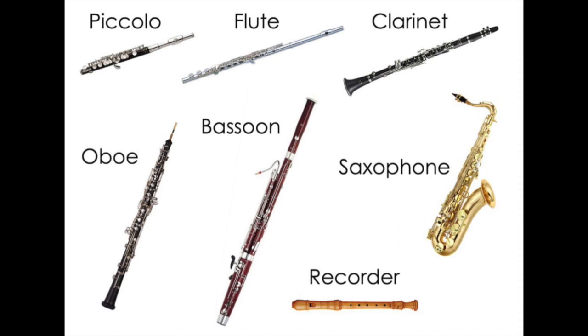It's a hard question to answer because there really isn't one thing they all have in common, other than the fact that they use the wind from the player to produce a sound. The recorder, the flute, and the piccolo only require blowing from the musician, but the oboe, bassoon, clarinet, and saxophone require a specific type of blowing over a wooden reed of bamboo.